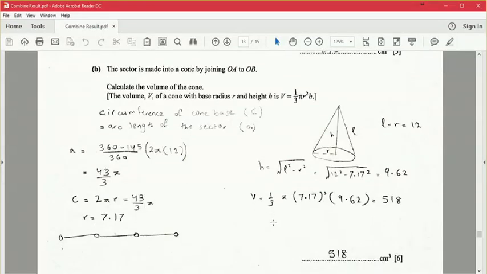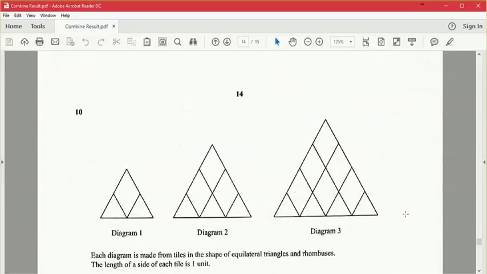Then V equals pi over 3 times 7.17 squared times 9.62, which equals 518 centimeters cubed. And this question is really difficult compared to the other questions. It may be the most difficult one in this paper.